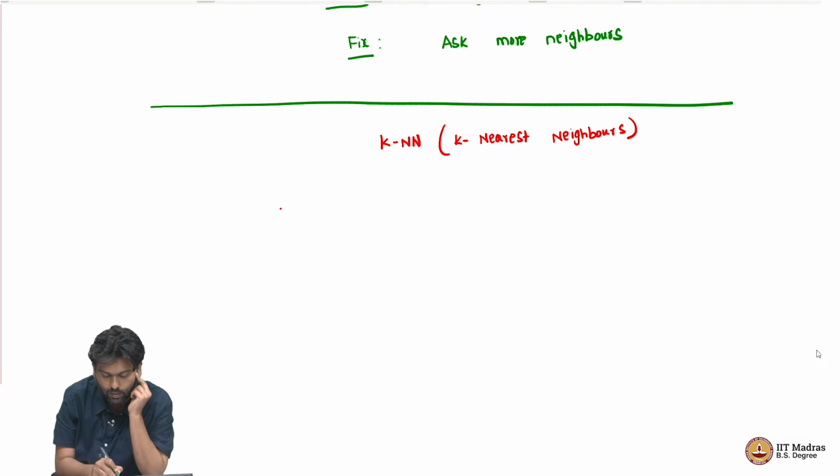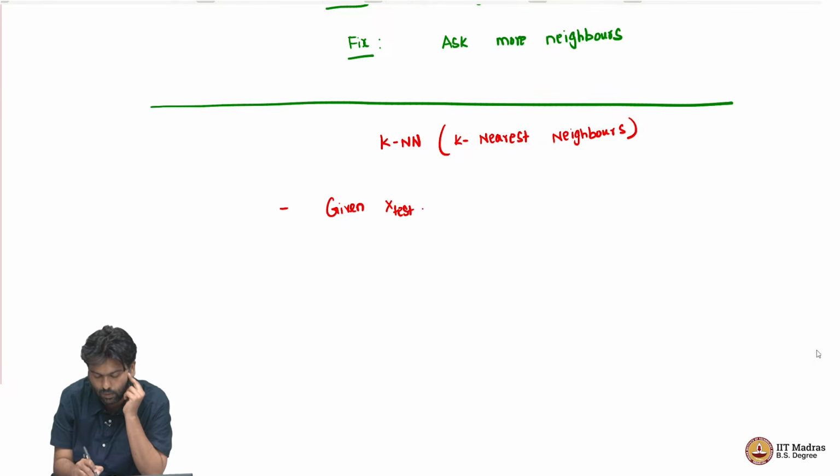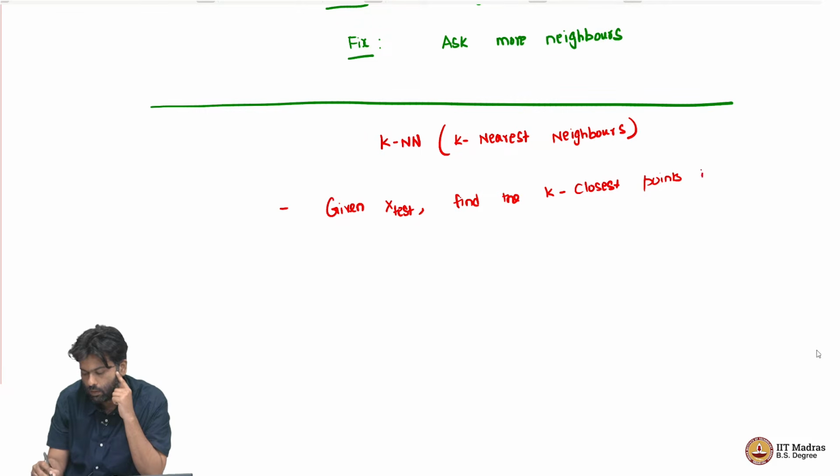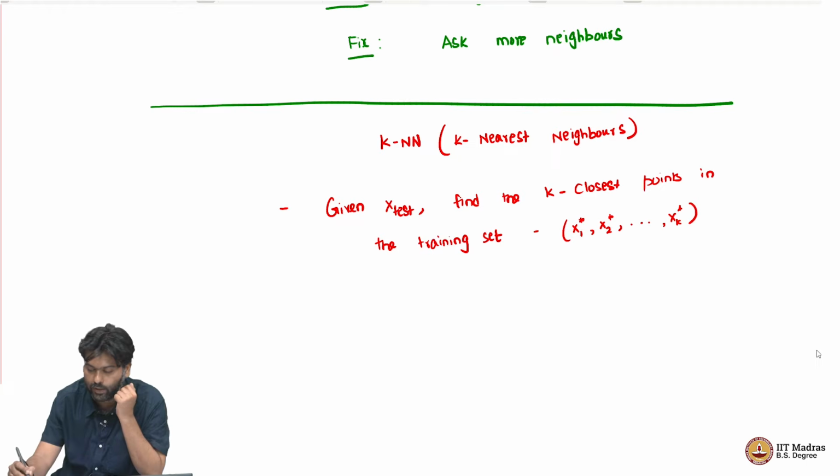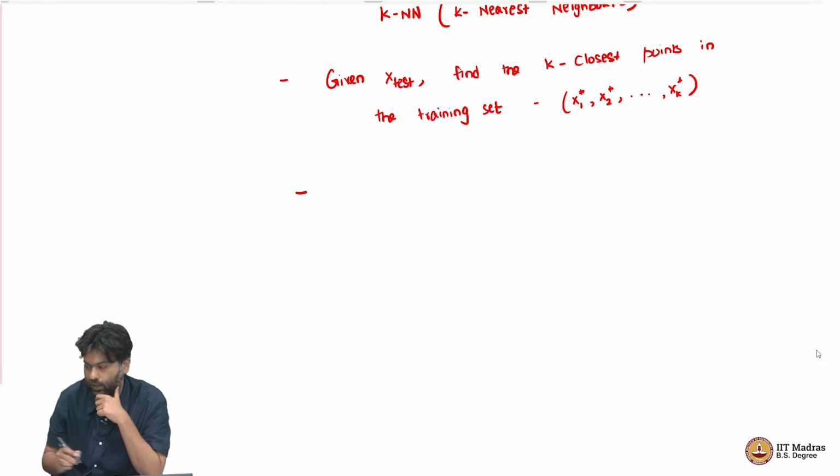Well, given X test, find the K, not just a single, but K closest points in the training set. Let us call these x1 star, x2 star, xk star. Let us say these are the K closest points to X test. Of course, it depends on X test, right.